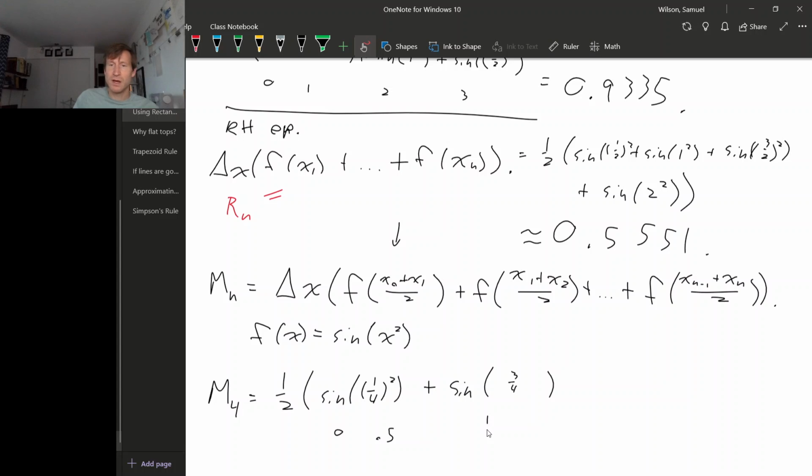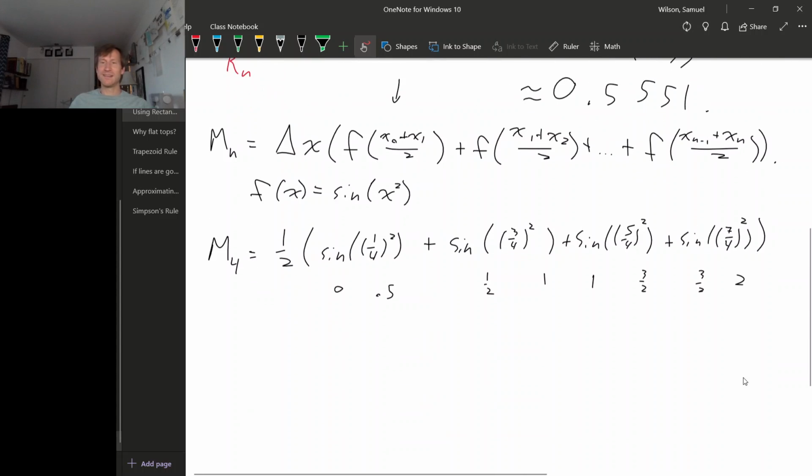This is from a half to 1, so the midpoint is 3/4, squared, plus sine of, and the next interval is from 1 to 3/2, and so the midpoint is going to be 5/4 squared. And then the last one is the interval from 3/2 to 2, and that midpoint is 7/4 squared.